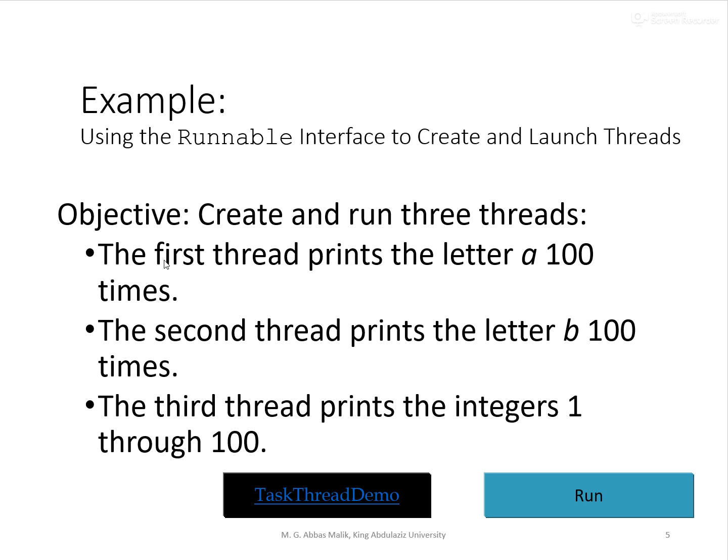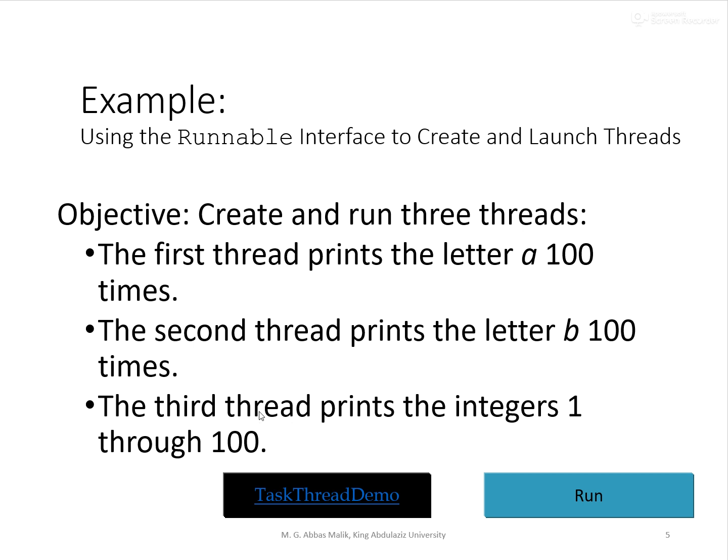It'll run 3 threads. The first one prints the letter A 100 times. The second thread prints the letter B 100 times, and the third thread prints the integers from 1 to 100.